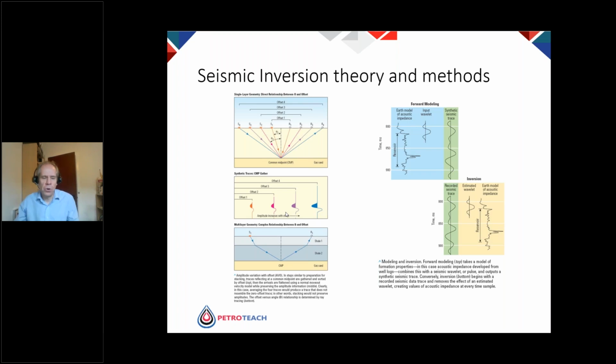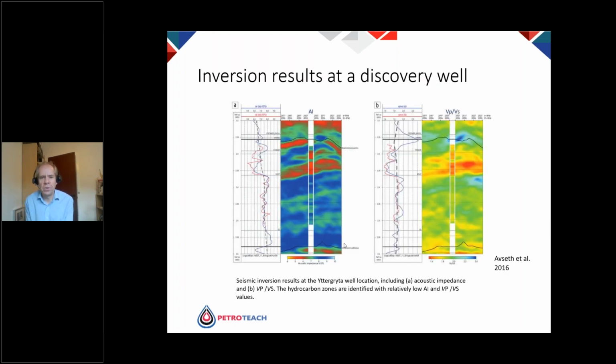If it's water filled, we don't expect to see very much variation. If it's hydrocarbon filled, we would hopefully see some variation. And that's what we're trying to pick out, because we'd really like to get information about VP and VS. If I have a rock that's full of water and I replace it with the same pore space with hydrocarbon, my VP-VS ratio will fall.